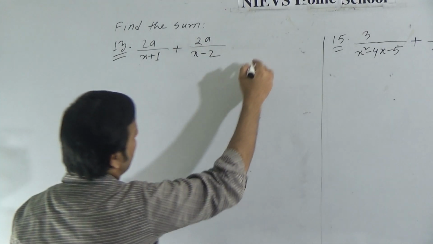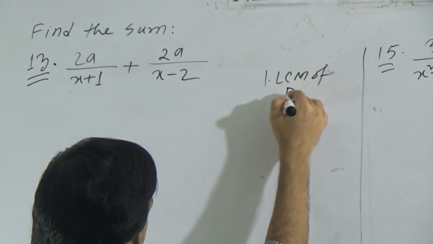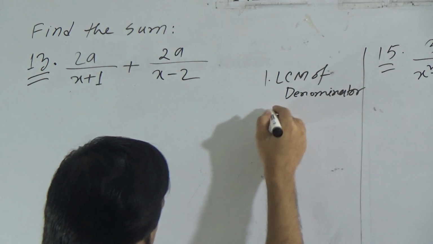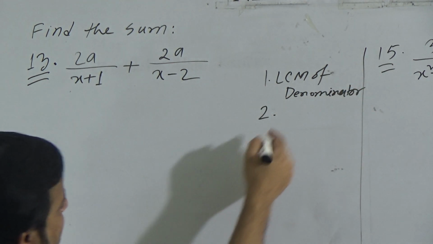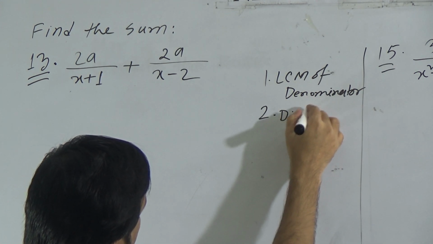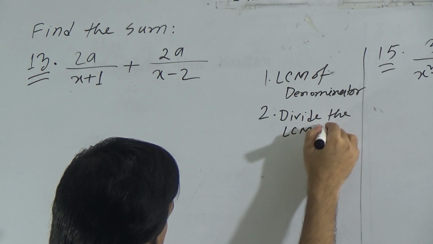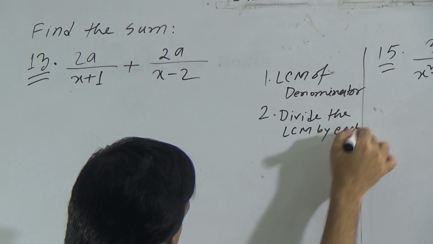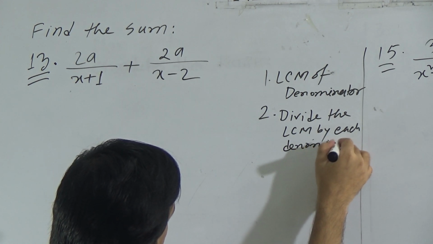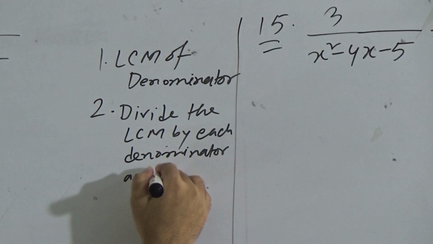to do the LCM of denominators. Then you have to divide the LCM by each denominator and multiply.